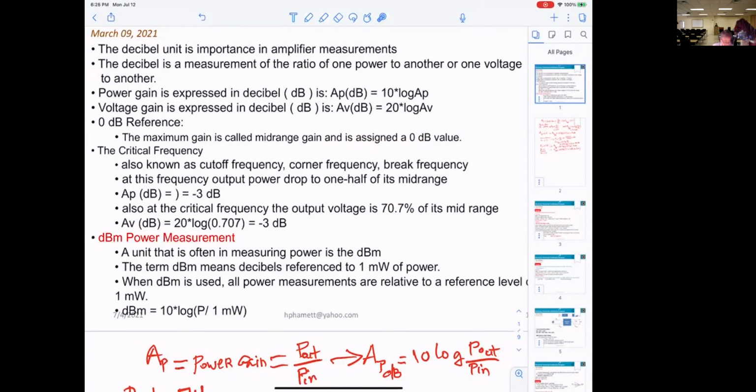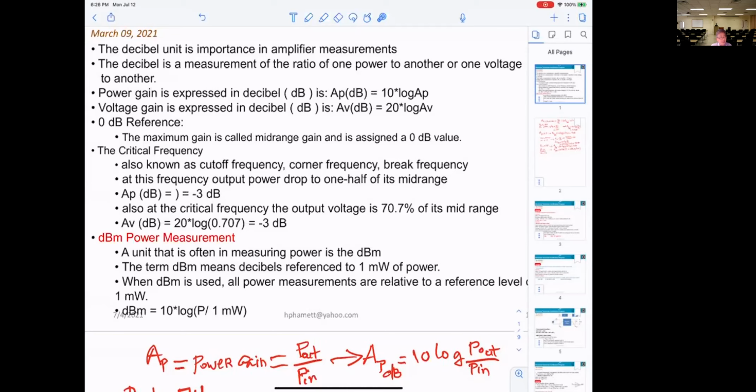The next one, the critical frequency. The critical frequency also has different names. Make sure you know them, otherwise when they ask you, you won't know what they're talking about.